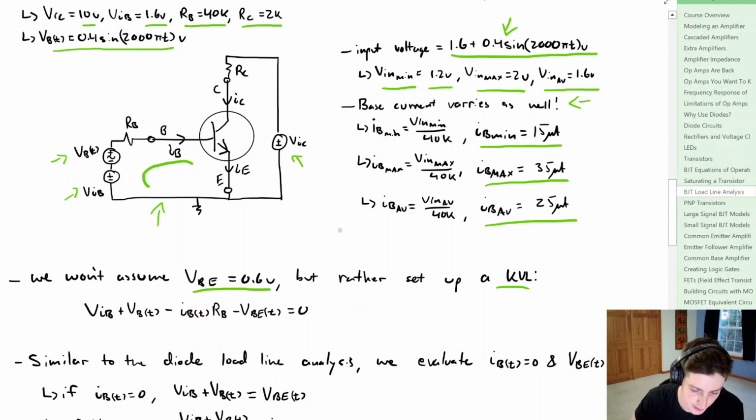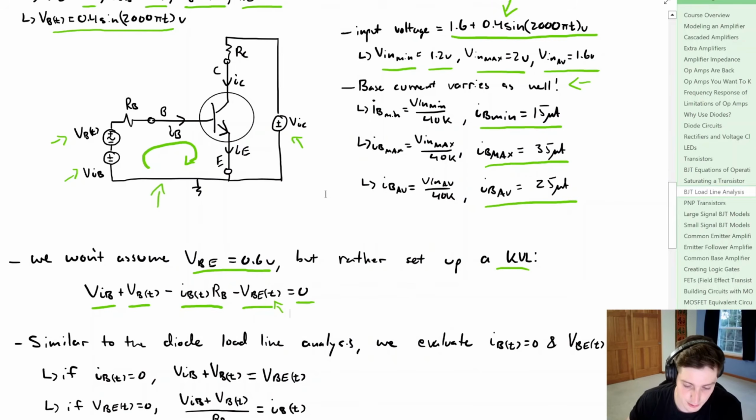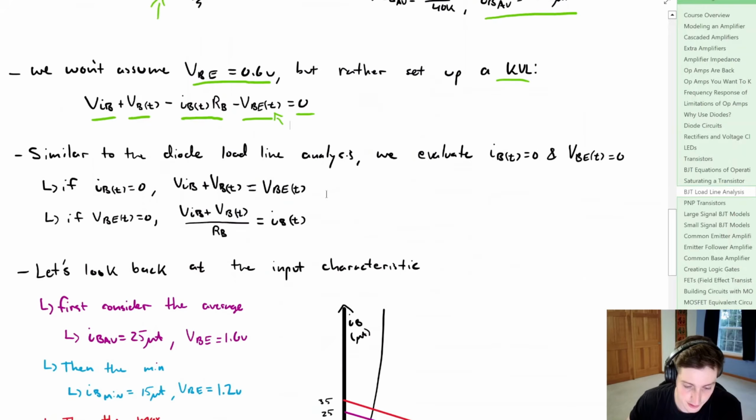That KVL around this loop includes our voltage sources, the voltage drop over the resistor RB, and then whatever VBE is. Because everything is time dependent, VBE is a function of time, and that's all equal to 0. If you recall the load line analysis for the diode, we do two things. From this KVL, we evaluate what happens when the base current is equal to 0, and when VBE is equal to 0.